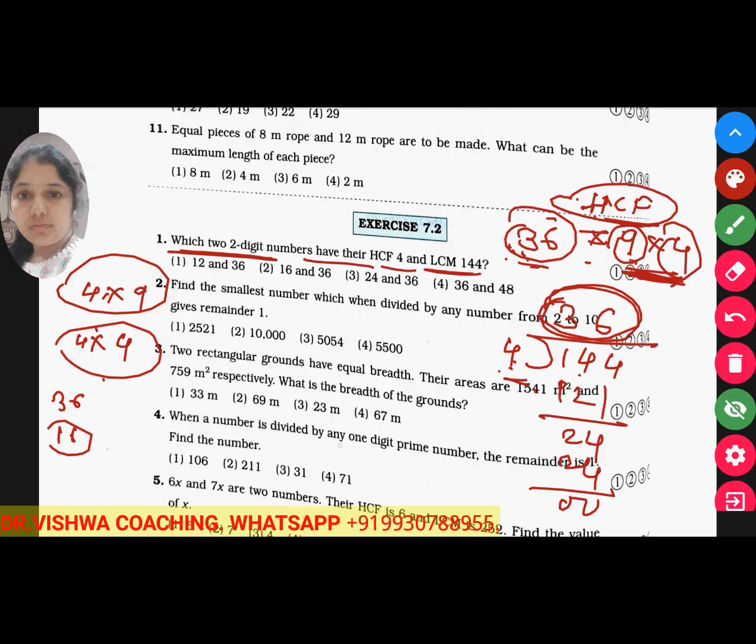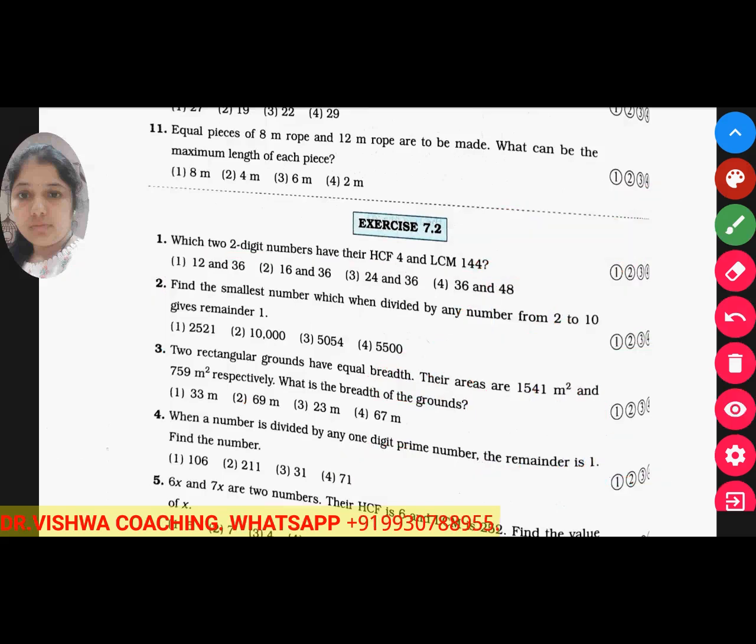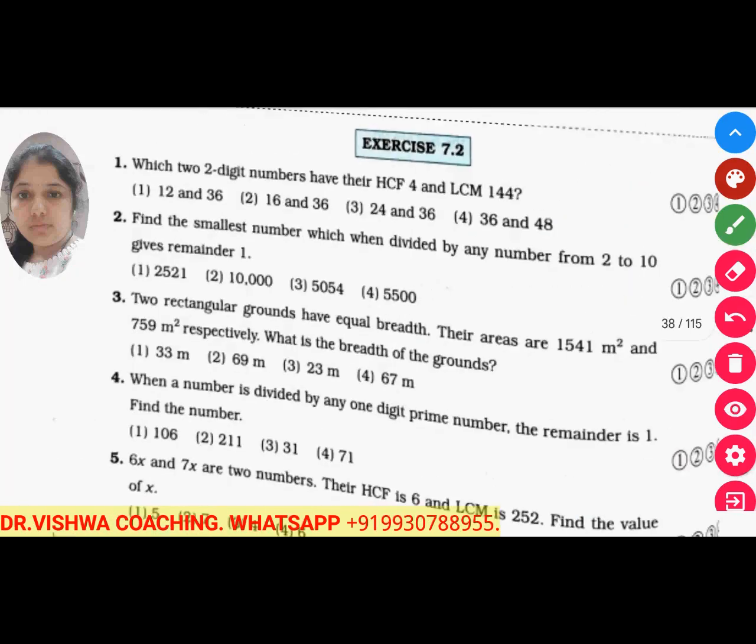Because we have the formula that LCM upon HCF is equal to the product of non-common factors. So 36 is the product of non-common factors, and we divide the 36 into two factors, and after that if we multiply these factors with HCF, we will get the numbers directly. So this is the method to find the two numbers.